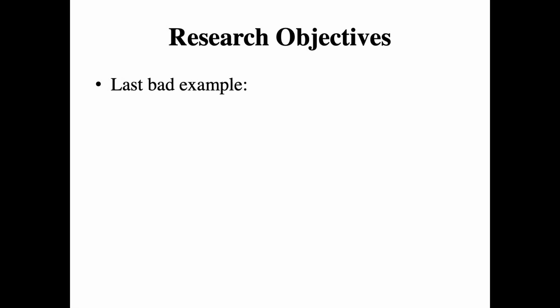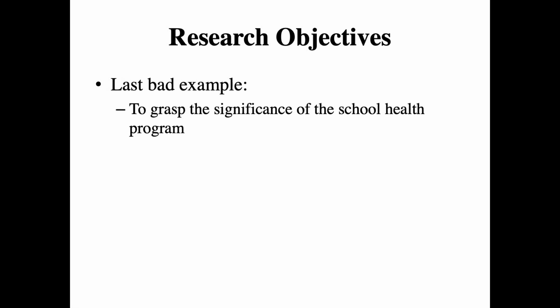Okay, so let's look at the last example. To grasp the significance of the school health program. Again, not enough details, and there's also usage of an inappropriate verb for the objective. Then significance, what qualifies or quantifies significance?